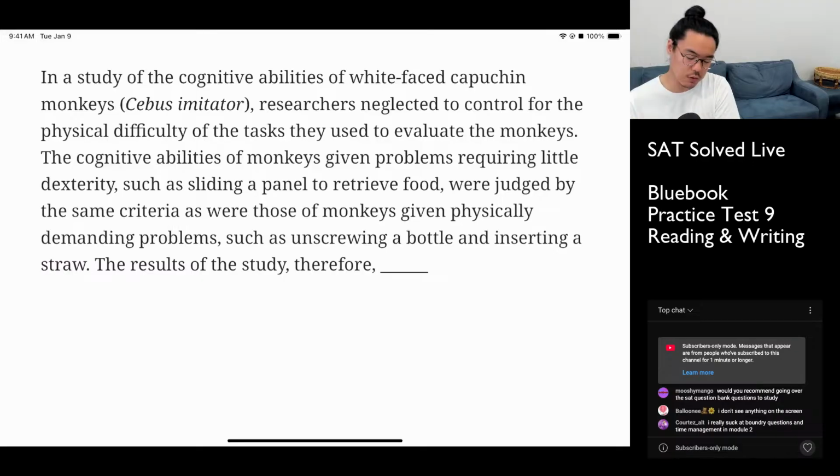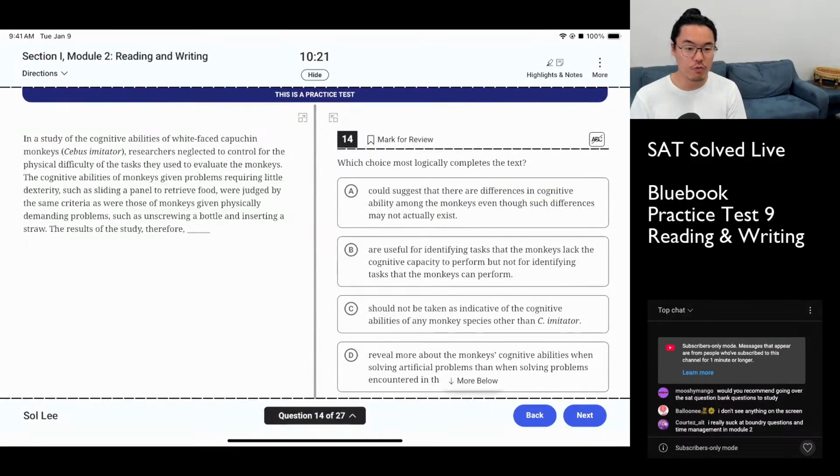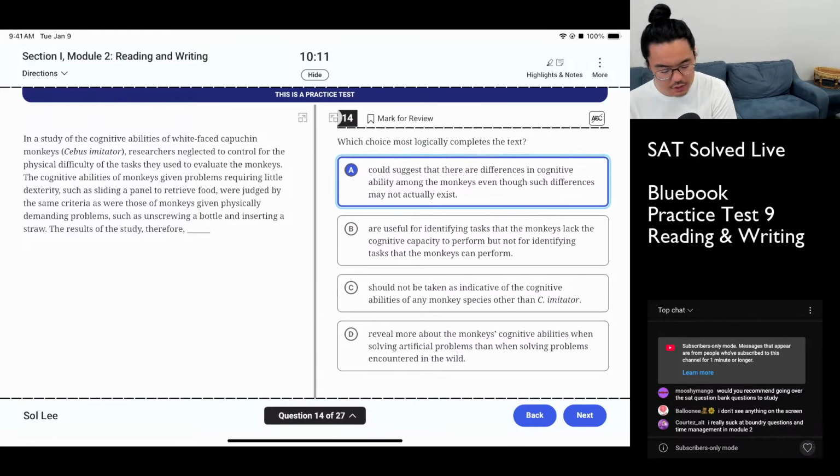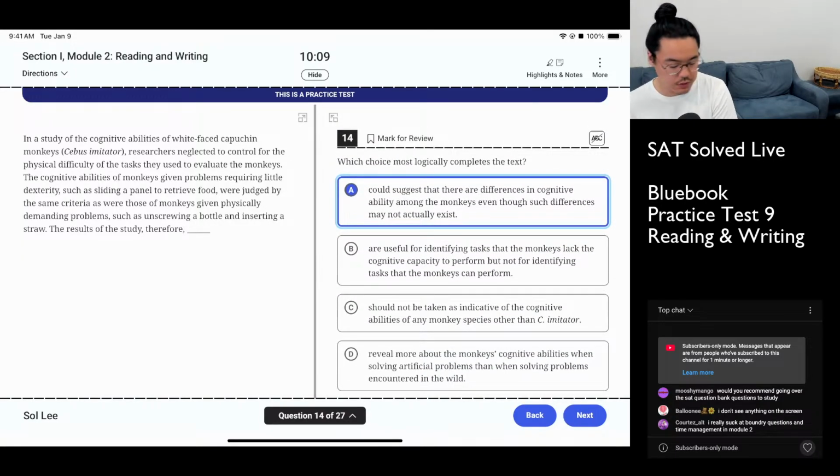The results of the study, therefore, should be thrown out or filtered for just the easy ones or just the hard ones, something like that. Could suggest that there are differences, even though okay. So basically, this is just saying the results are invalid, which is my prediction.